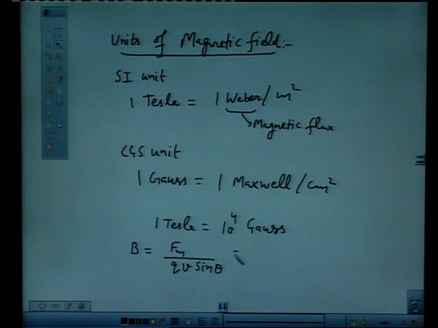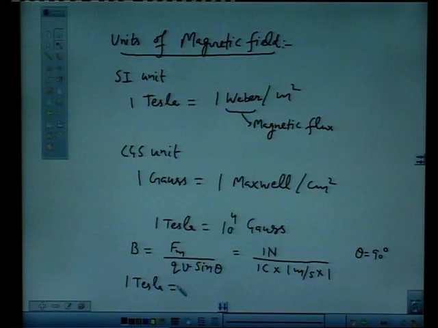So, taking the unit of force as Newton, charge unit as coulomb, the unit of velocity as 1 meter per second, and the value of sin theta also 1, as theta is equal to 90 degrees, the magnetic field will be equal to 1 Tesla, and this will be equal to 1 Newton per coulomb per meter per second.